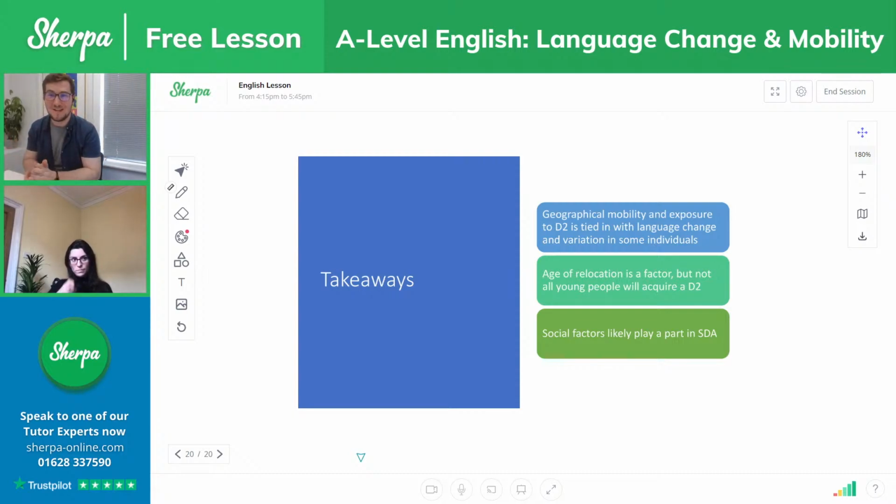Is there anything else you want to touch on, Rosa, before we finish up? Yeah, I guess just following up on the one with borrowing, like I said, I'm not going to get into that in detail, but that also has to do with dialect leveling, and borrowing happens with vocabulary, pronunciation, dialect and grammar.